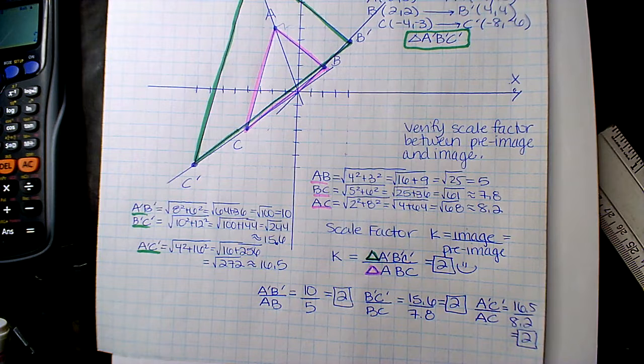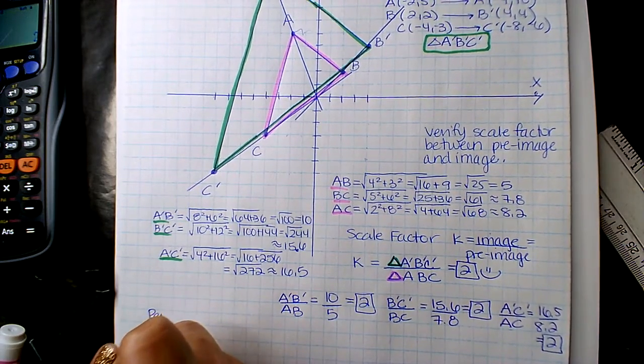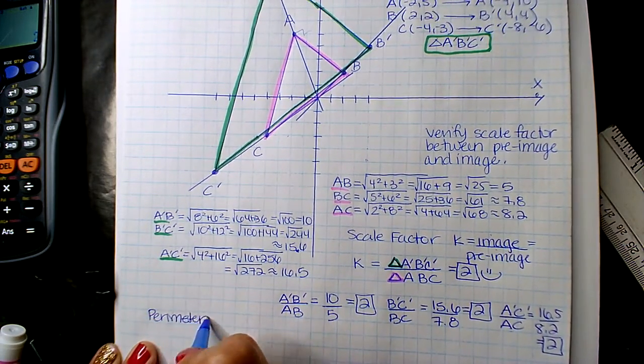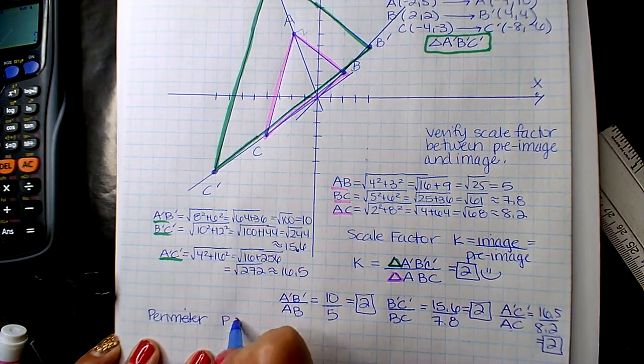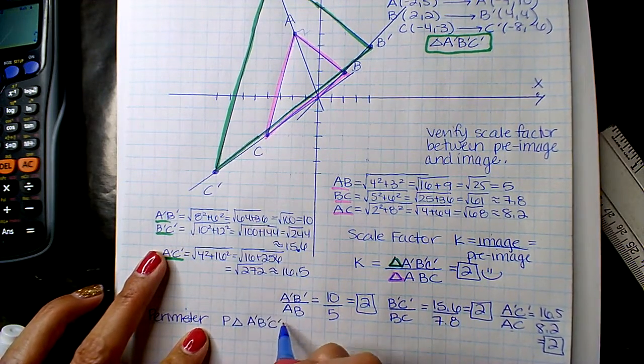And actually, what else would show? You're like, no, stop talking. If you were to sum the sides to get the perimeter of a triangle, that would also be 2. So if I even wanted to get the perimeter, what's the perimeter of triangle A prime, B prime, C prime?